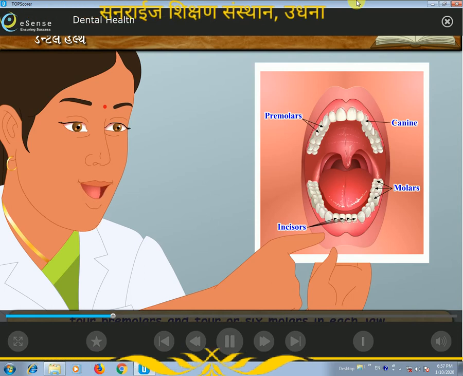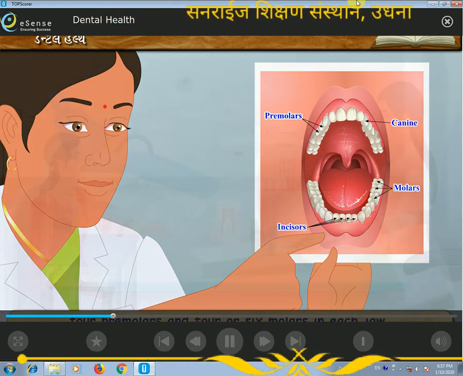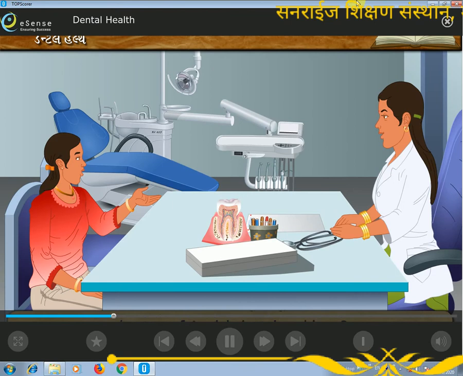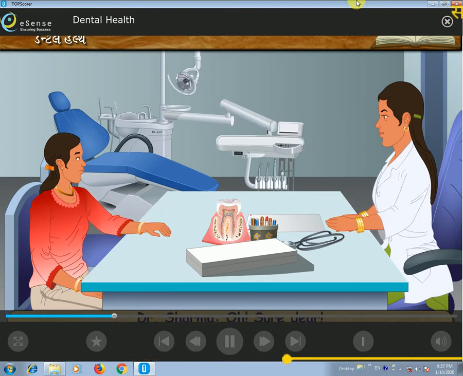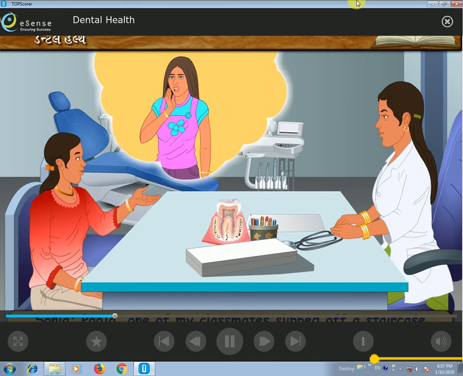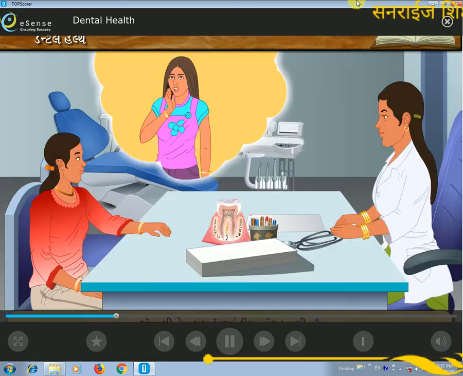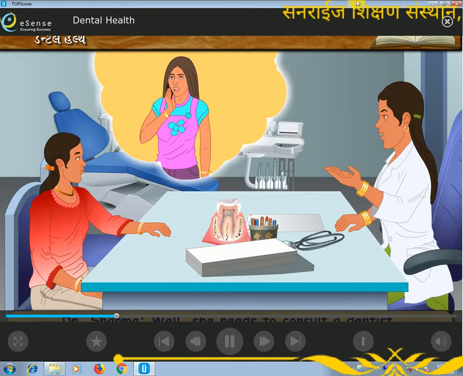They are usually 32 in number. Yes, I also have 32 teeth, but they all are not the same. They are quite different in shape, size, and functions. There are 4 incisors, 2 canines, 4 premolars, and 4 or 6 molars in each jaw.